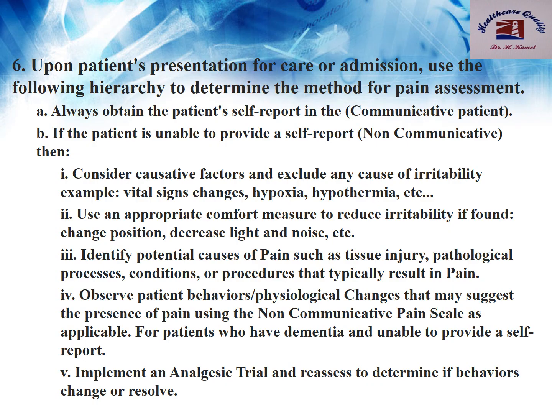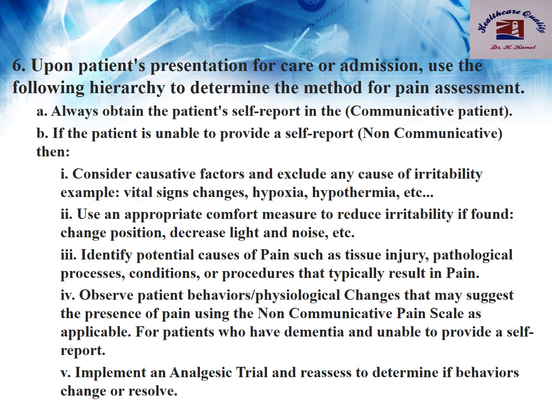B. If the patient is unable to provide a self-report, non-communicative, then consider causative factors and exclude any cause of irritability, for example, vital sign changes, hypoxia, hypothermia, etc. Use an appropriate comfort measure to reduce irritability if found. Change position, decrease light and noise, etc.